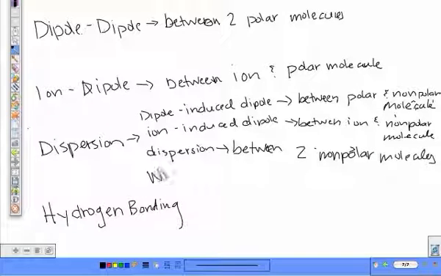And these are always the weakest. Dispersion forces, like any of those three, are weaker than the other three. They had to do with polar molecules.